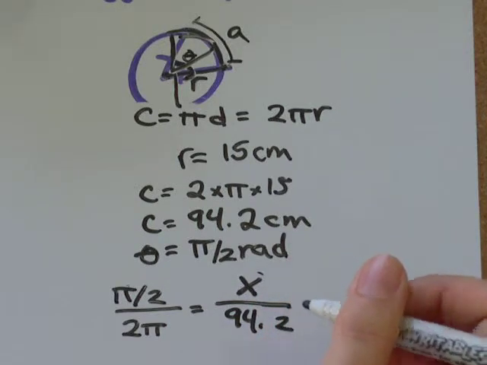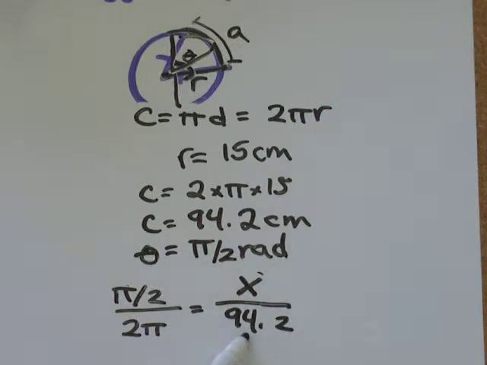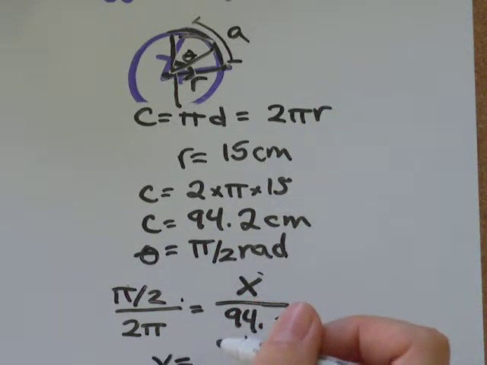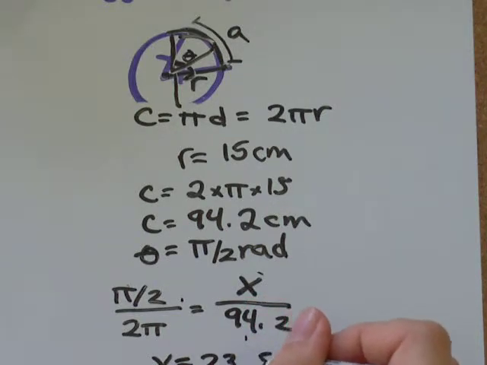So you could do cross multiplication. 94.2 times pi over 2 divided by 2 pi equals x, which is 23.56 centimeters.